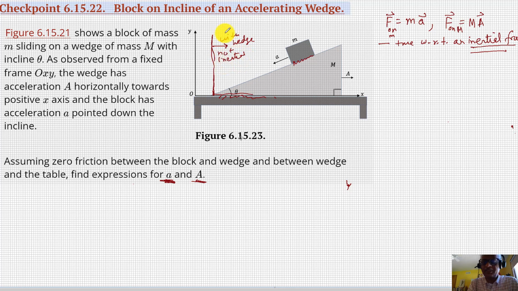If you apply it there, then we'll have to really look at this problem from an inertial frame. So here is the inertial frame, a fixed O, with respect to which everything is moving, and we will be able to apply these laws using these axes.